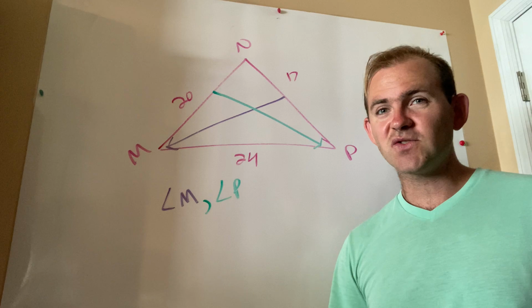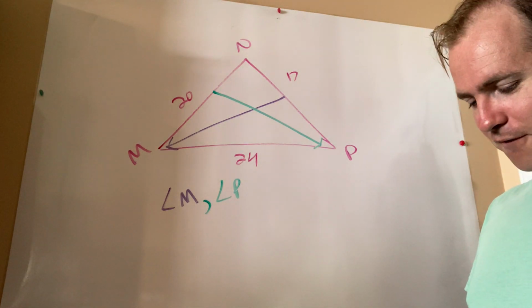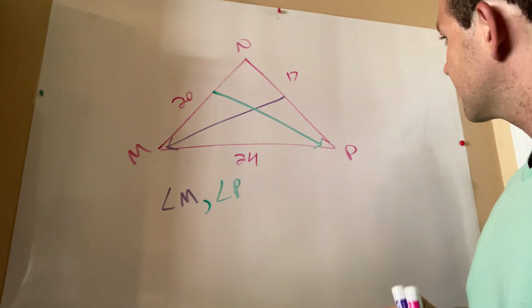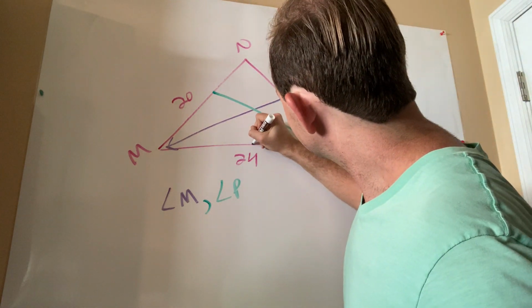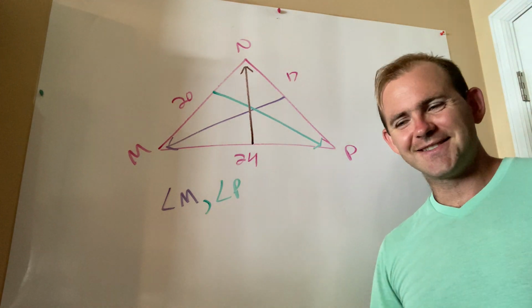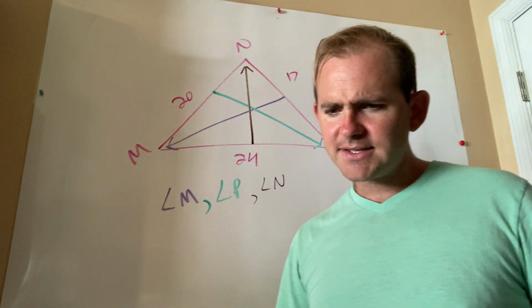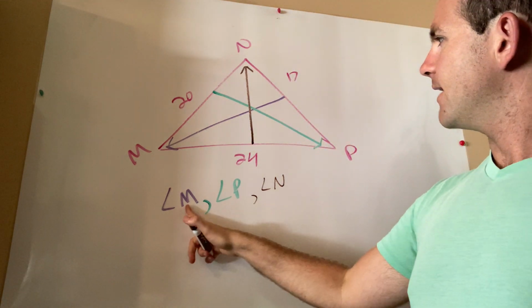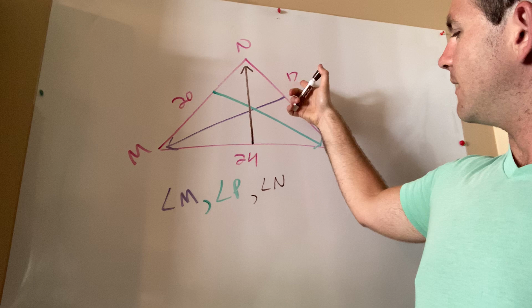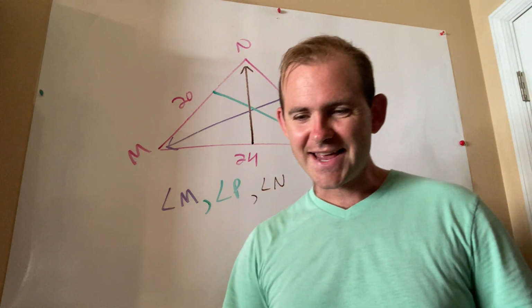And last but not least, the biggest side in this case is 24. If I draw an arrow to the angle across from it, that's angle N. So from smallest to greatest, angle M is the smallest, because it's across from the smallest side, followed by angle P, followed by angle N.